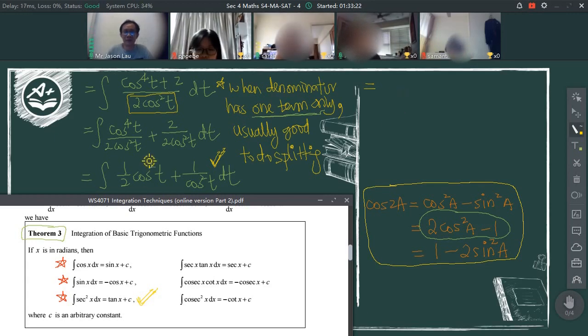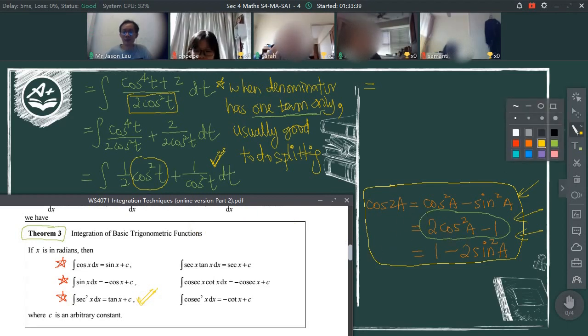Now we focus on this part. And if you notice, just now we did an earlier problem, right? We're going to use a trigo formula. So cosine square, we're going to use this one, the one in the green color. So we are going to use the formula for trigo double angle. Then we get half.